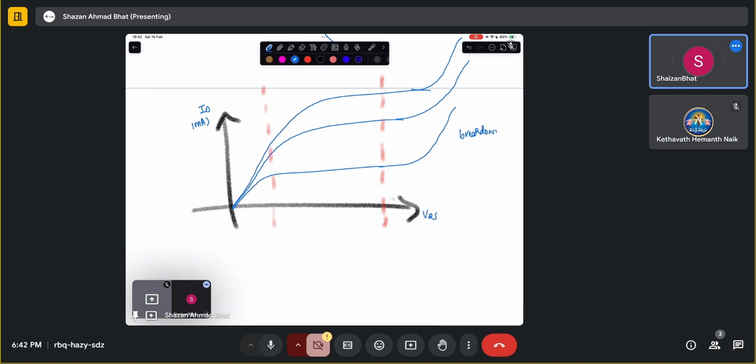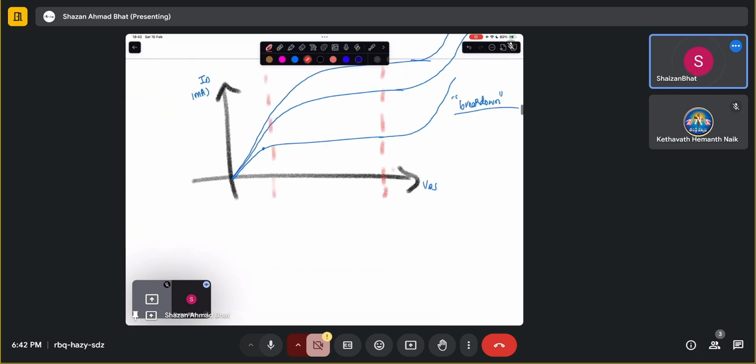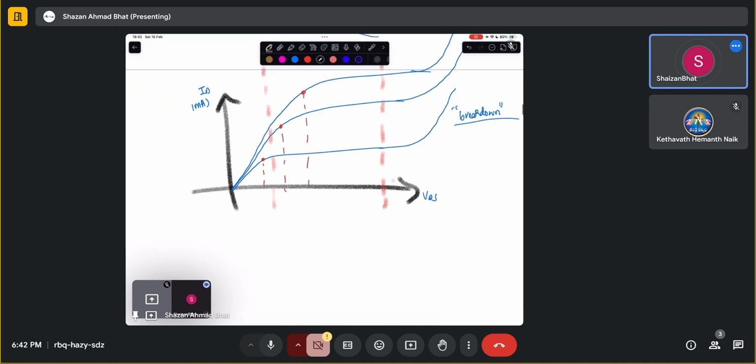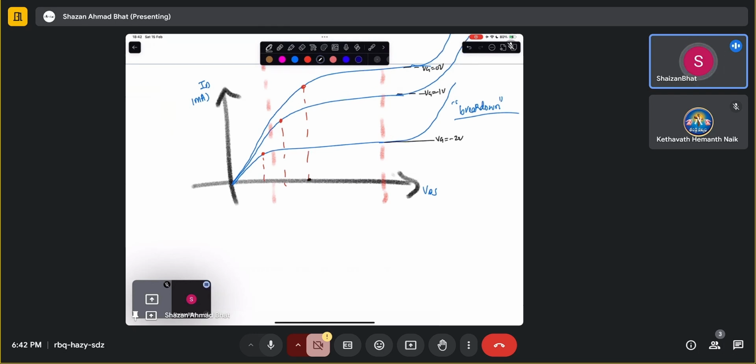You see that these points which I have shown in red are shifting. How? If this is for VG equals minus 2 volt, this is for VG equals minus 1 volt, this is for VG equals 0 volt. That means these points are basically VD saturation.